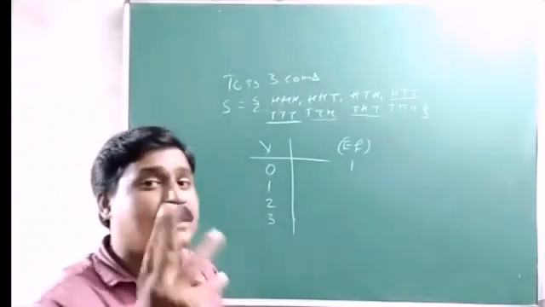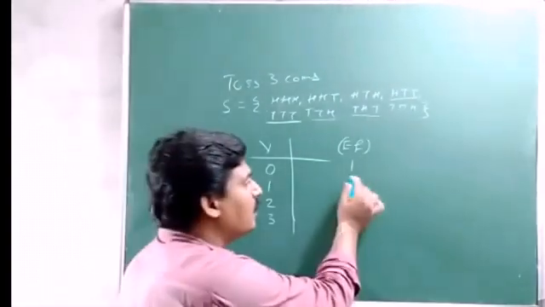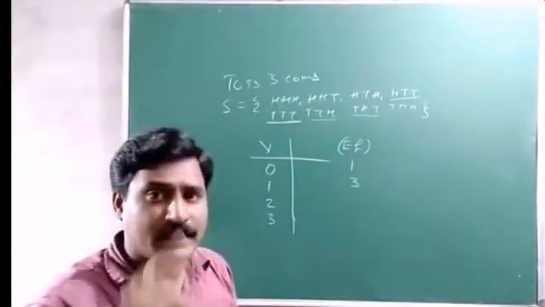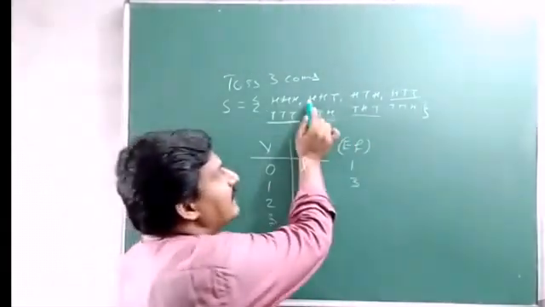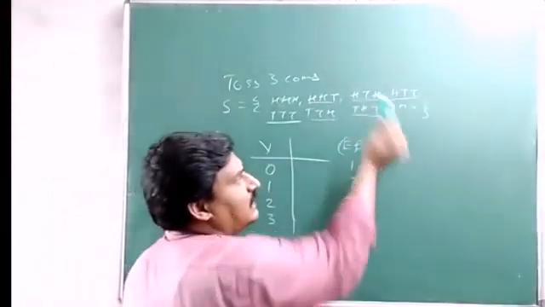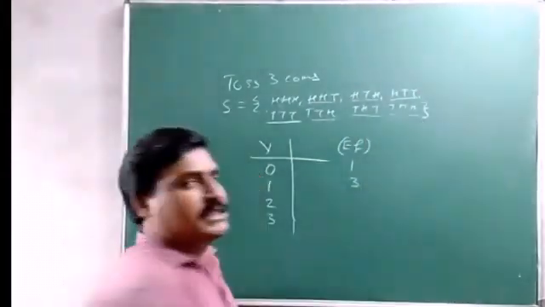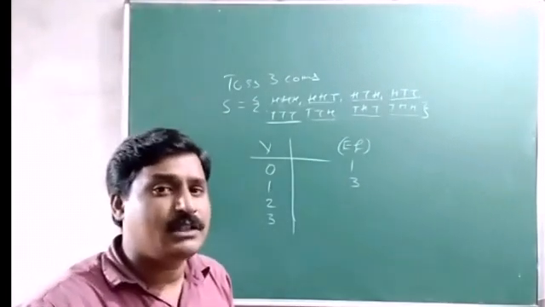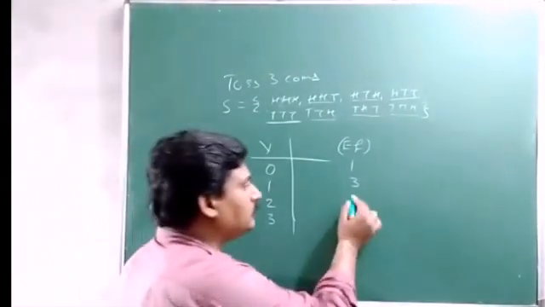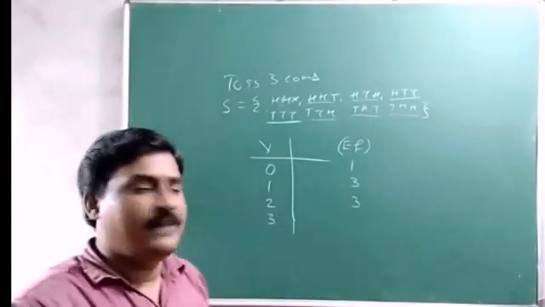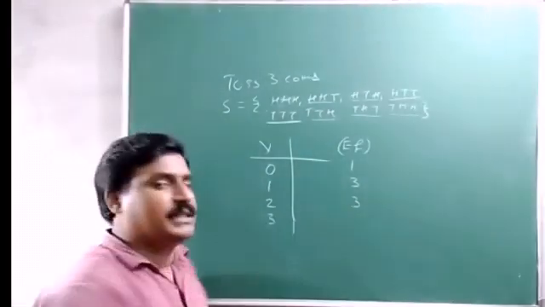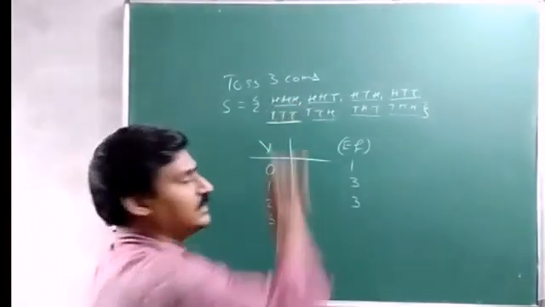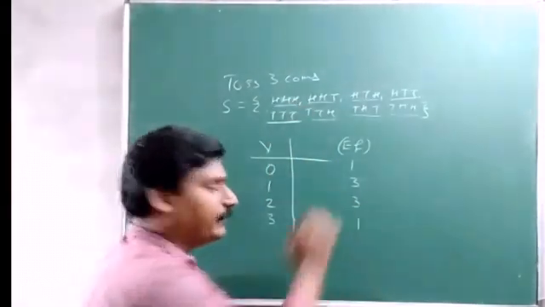So in three ways we can get one head. Now two heads: HHT, HTH, and THH, that is tail, head, head. Again, in three ways we can get two heads, and finally three heads. All three are heads, that is HHH. That is only one way.